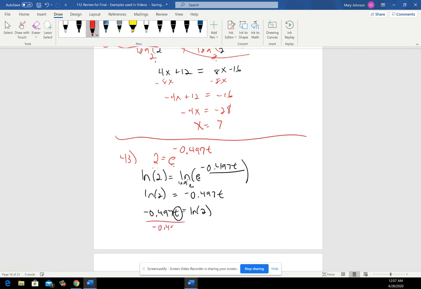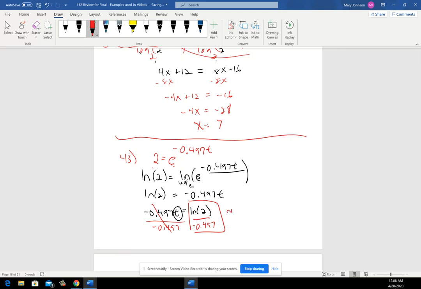I'm going to just divide on both sides. And then sometimes they want the exact answer. That's it right there. So this is what you could put in for the exact answer. T would equal that. And then if they ask you for the decimal approximation, you put in ln of 2, close the parenthesis, and don't forget to divide by a negative 0.497.